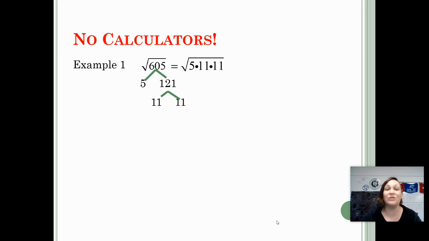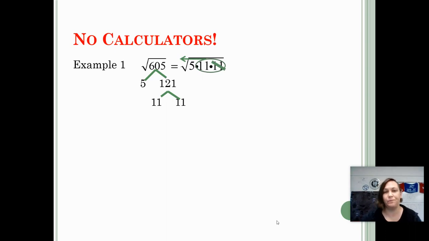And then we can square root them. Now in this problem, my two numbers that are the same are the 11s. I have two 11s. Once you find a pair of numbers, one of the numbers gets to escape out of that radical, and the second number in the pair just kind of disappears.